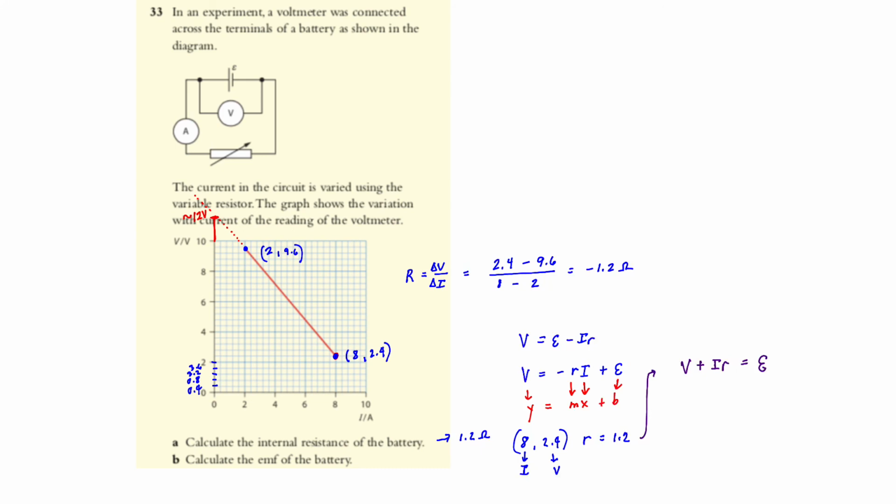And so the value of the B, that is 2.4 plus the value of I, which is 8, times the value of the resistance, which is 1.2, and then this one will be equivalent to 1.2 times 8, that would be 9.6 plus 2.4, and therefore the value of the EMF, that would be 12 volts. And so the final answer here is simply 12 volts.